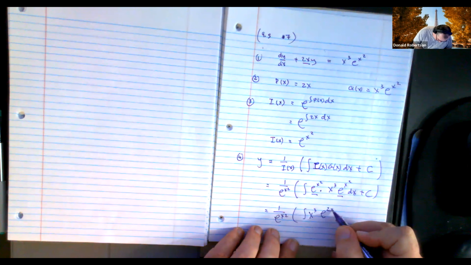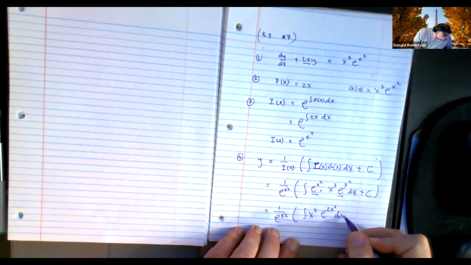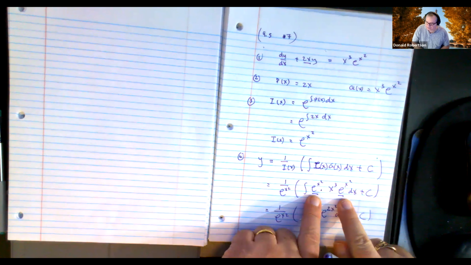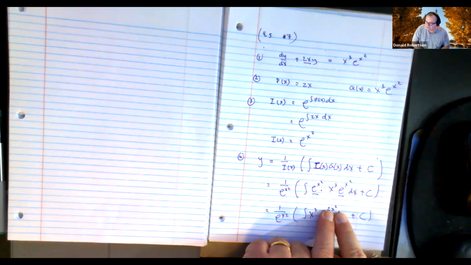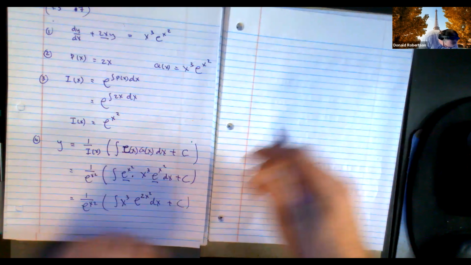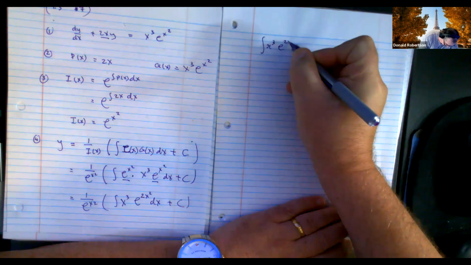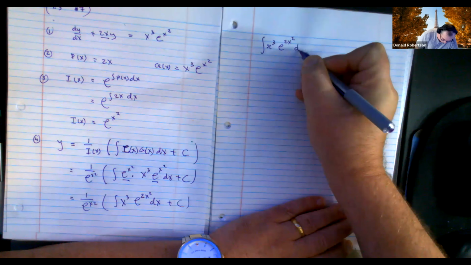What you in fact get is, when you multiply two things together, don't you add their powers? So you see how that's e to the 2x squared. Now I'm going to do this integral at the side.